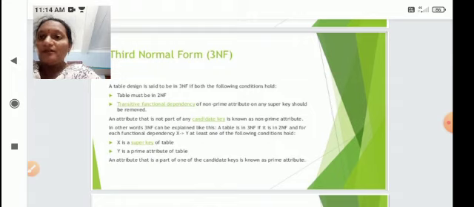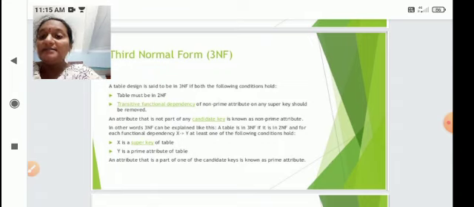If you want to convert a table into third normal form, it must already be in second normal form. Transitive functional dependency of a non-prime attribute on any super key should be removed. An attribute that is not part of any candidate key is known as a non-prime attribute.